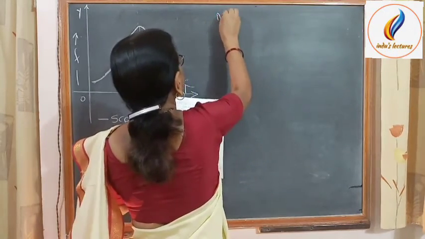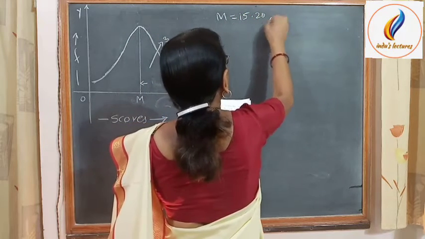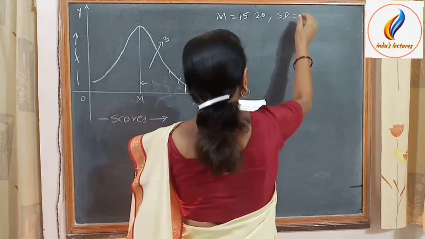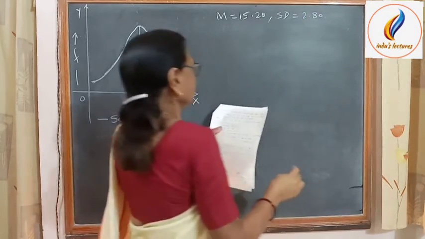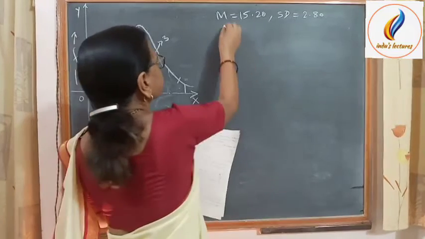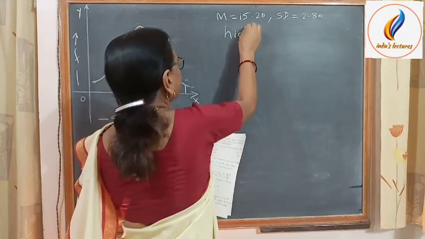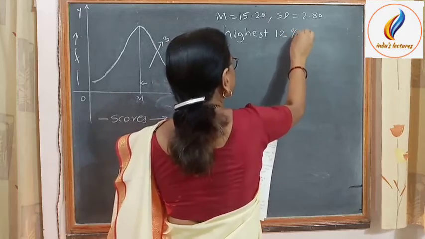Mean m is equal to 15.20 and standard deviation or sigma is equal to 2.80, and we have to find the limits of the highest 12%.